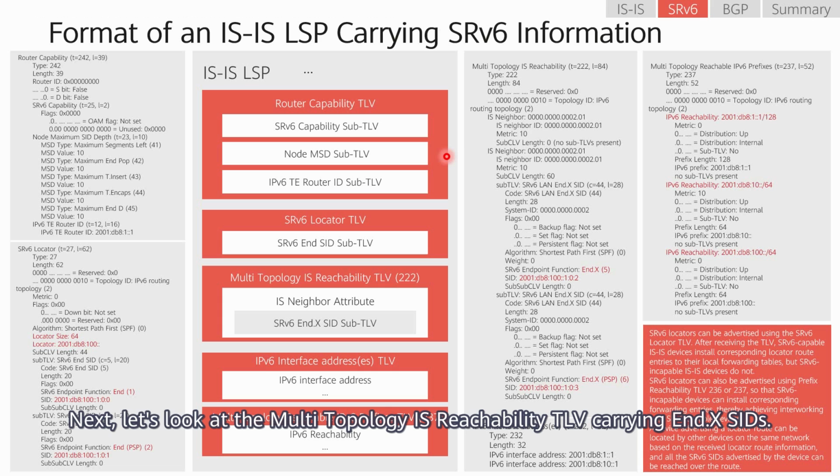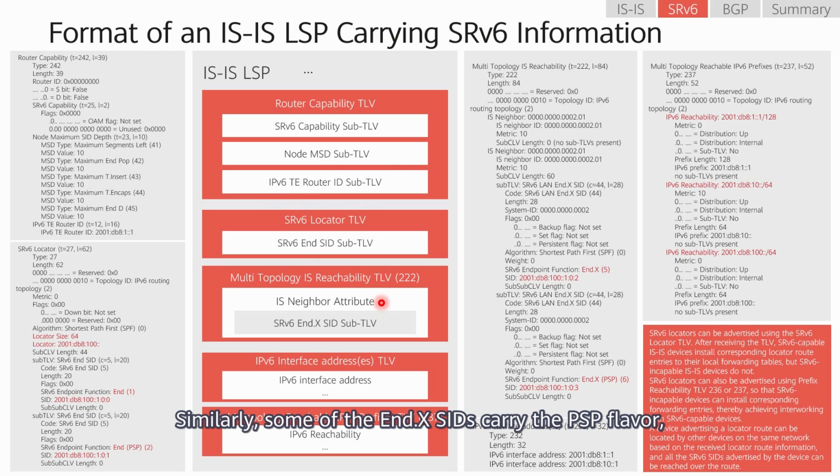Next, let's look at the multi-topology IS reachability TLV carrying End.X SIDs. Similarly, some of the End.X SIDs carry the PSP flavor, but the others do not. In addition to the TLVs mentioned earlier, the LSPs also carry an IPv6 interface address TLV and a multi-topology reachable IPv6 prefixes TLV.